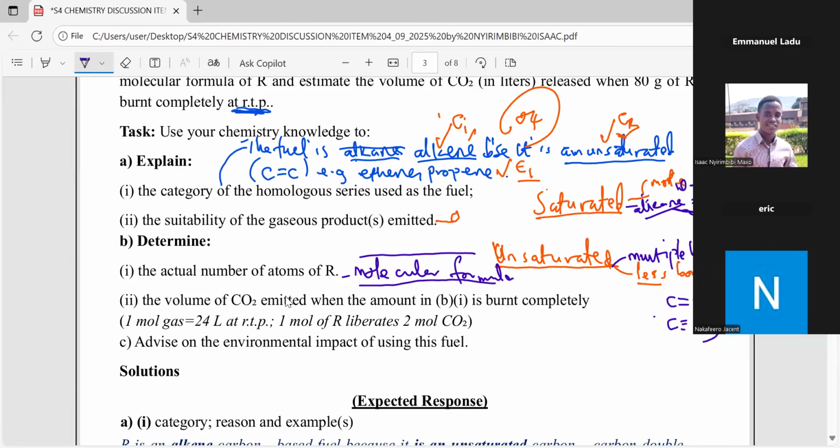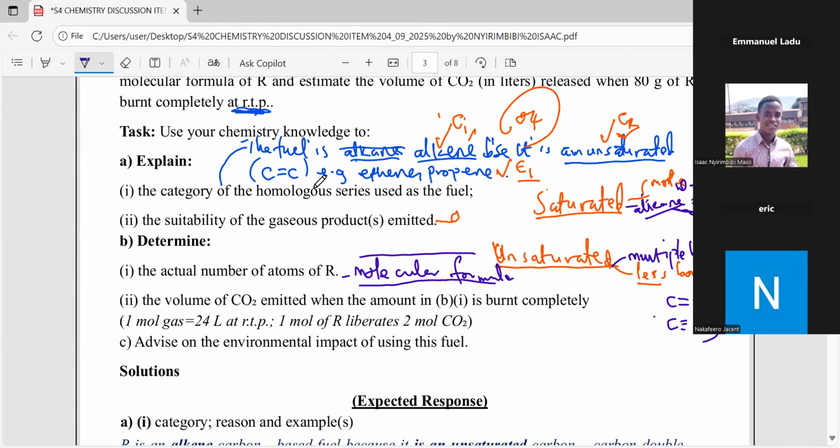And you know very well, we can never go to molecular formula before we look at the empirical formula. Who can take us through the molecular formula very fast?